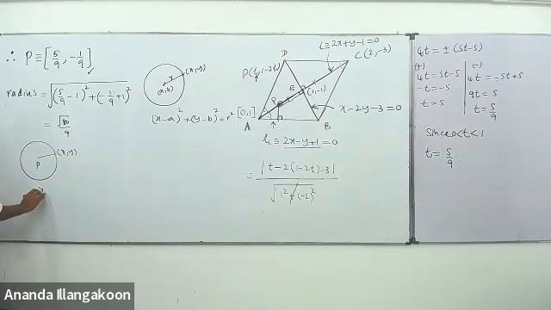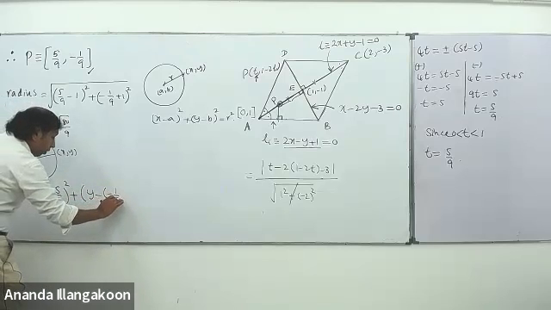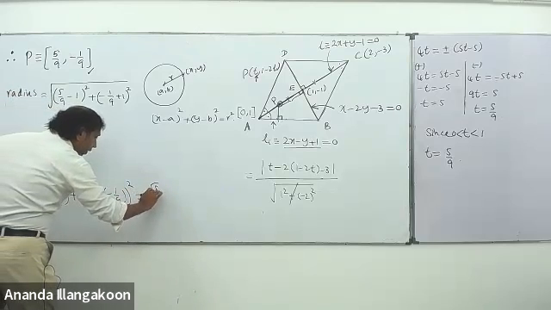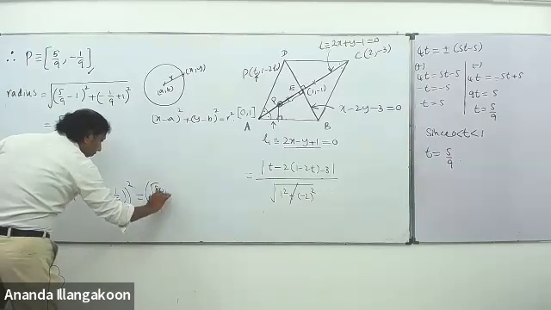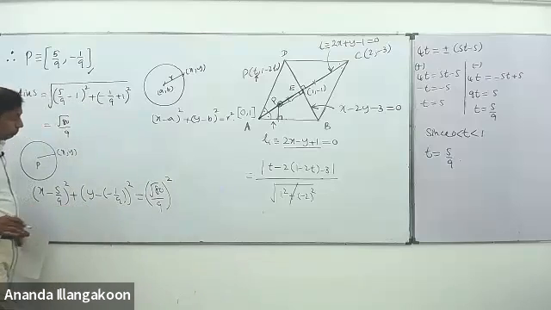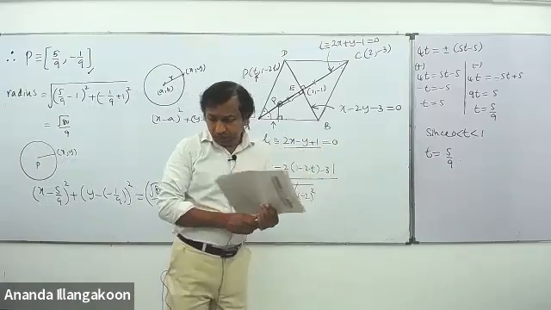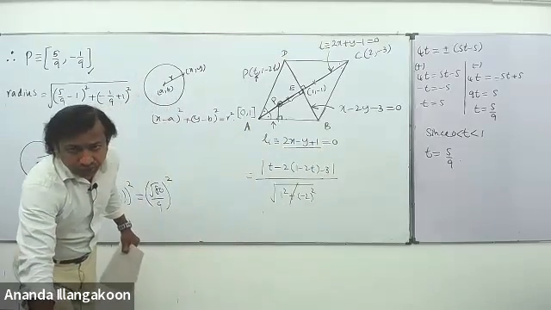Now what do you get? (x minus x coordinate of the center) squared plus (y minus y coordinate of the center) squared is equal to radius perfect square. Now simplifying this, we get this answer.